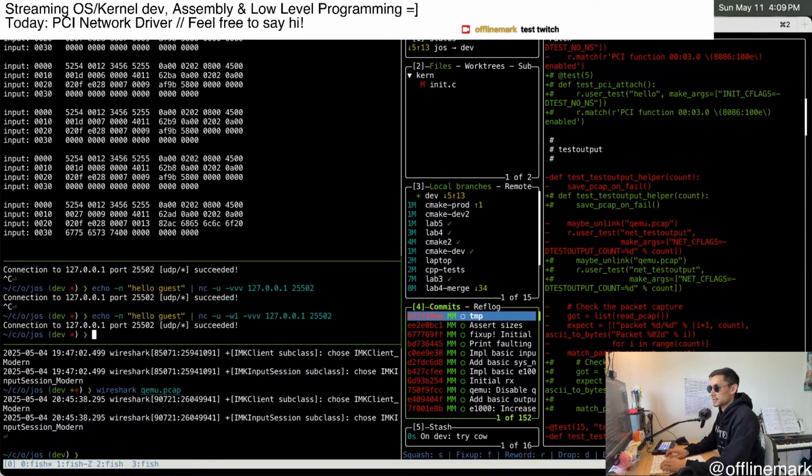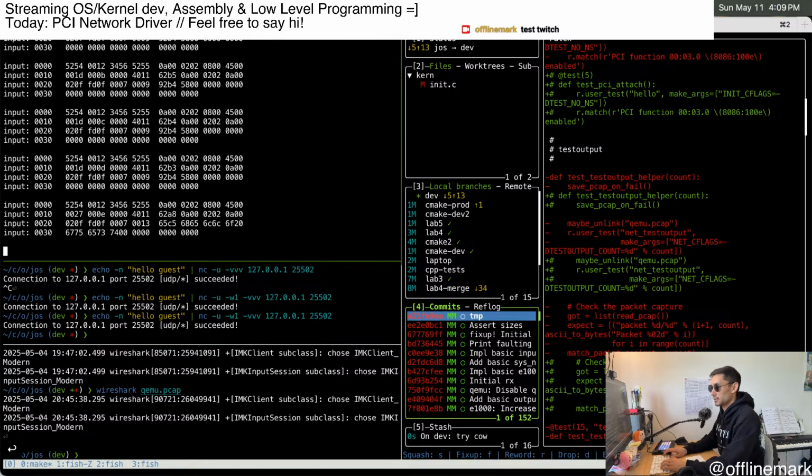So what we can see is that we're able to send some data over the network as UDP packets. That's what the -u does. To the VM running the OS, and the OS receives the data and hex dumps it. So things are kind of working.